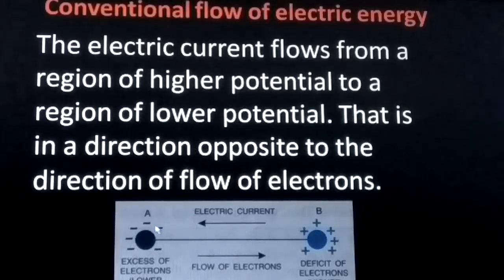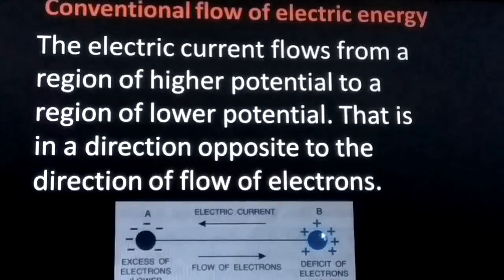Observe the diagram here. So A is a conductor and B is another conductor. Here in A there is an excess of electrons, indicated by the negative symbol.